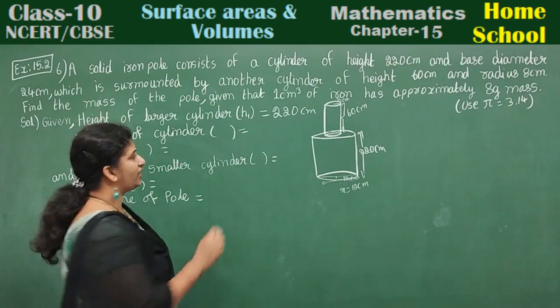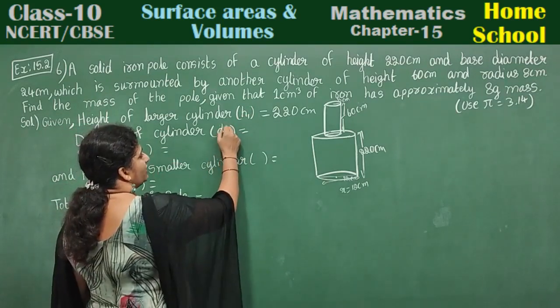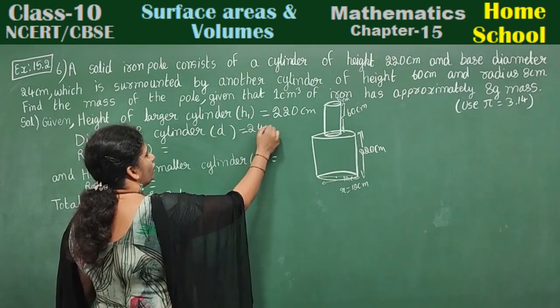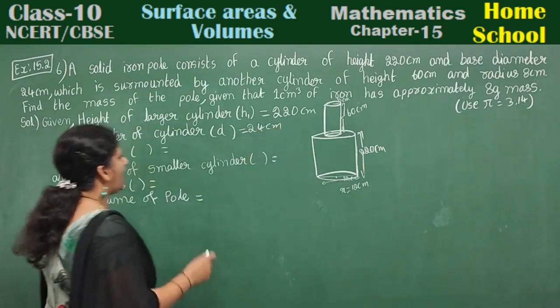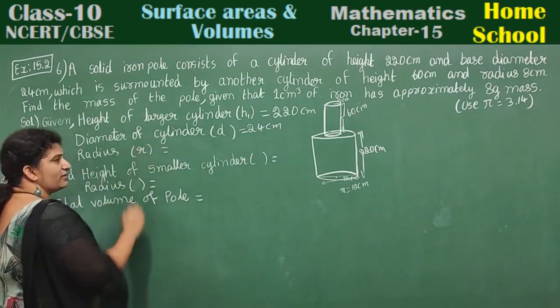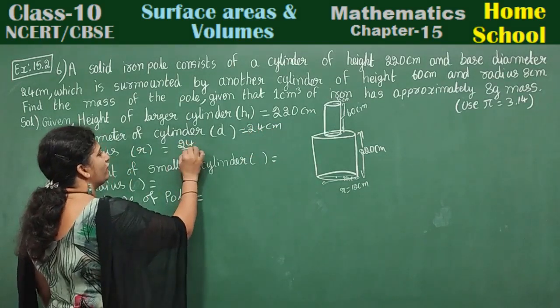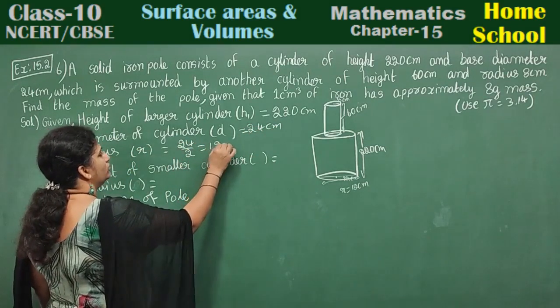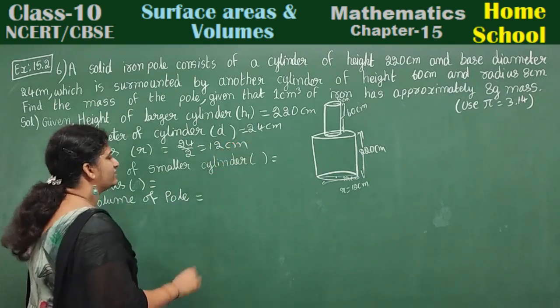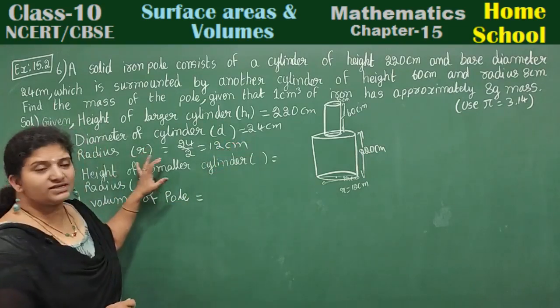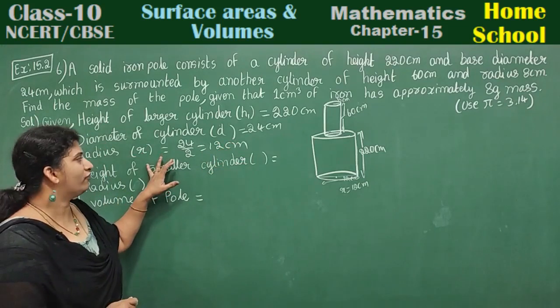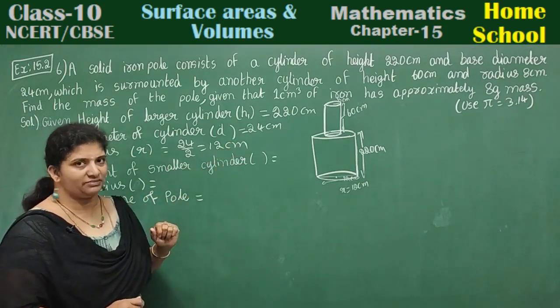What is the diameter given? Diameter D is equal to 24 centimeters. And radius is nothing but half of the diameter. That will be 24 by 2 is equal to 12 centimeters. And radius R is equal to 24 by 2 is equal to 12 centimeters.